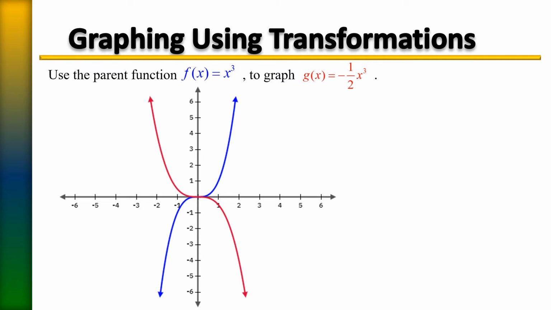The one thing about a compression of a graph is it's sort of pushing down on the graph vertically, and when you push down on the graph, it sort of makes it wider.